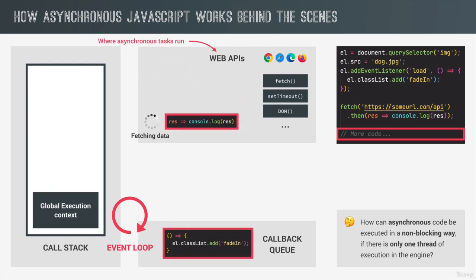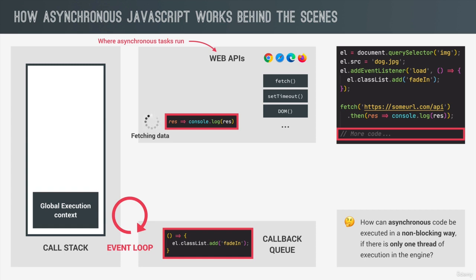And the callback queue is basically an ordered list of all the callback functions that are in line to be executed. You can think of this callback queue as a to-do list that you would write for yourself with all the tasks that you have to complete. So the callback queue is also a to-do list of a kind, but with tasks that the call stack will eventually have to complete.